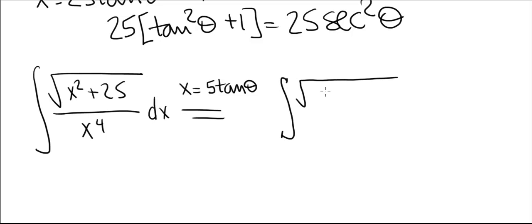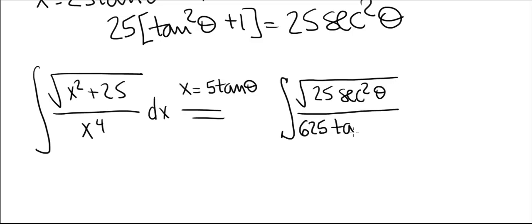We have under the radical 25 secant squared of theta. In the denominator we have x to the fourth, which is 5 to the fourth power, that's 625, times tangent to the fourth, and dx is 5 times secant squared theta d theta.